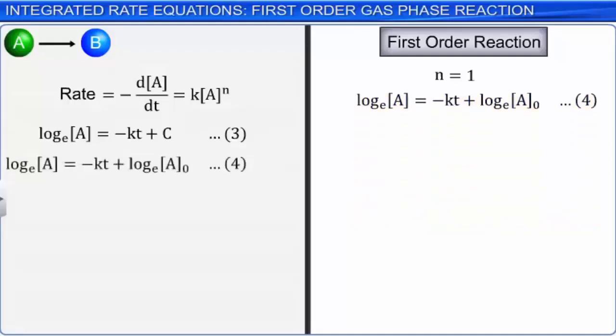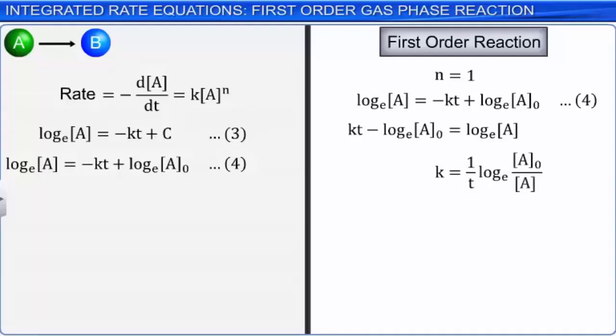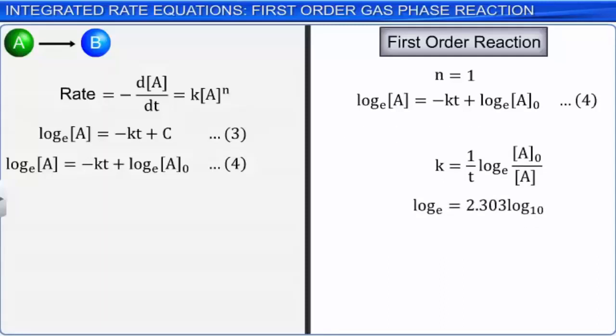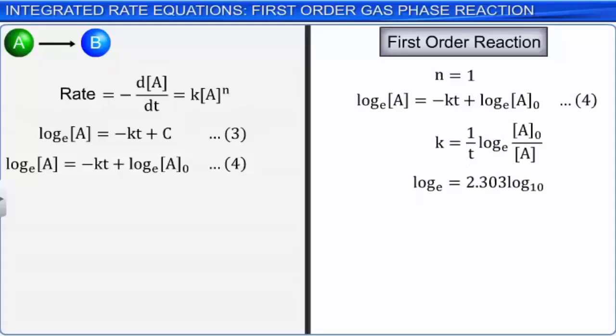On rearranging this equation, we get k is equal to 1 divided by t log [A]0 divided by [A] to the base e. Since log to the base e is equal to 2.303 log to the base 10, this equation can also be written as k is equal to 2.303 divided by t multiplied by log [A]0 divided by [A].